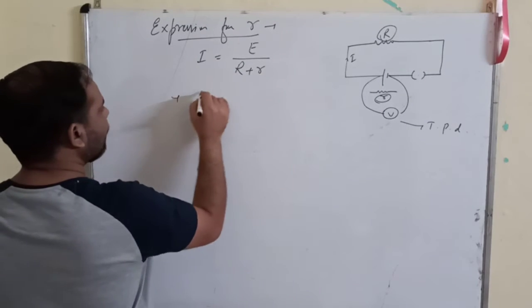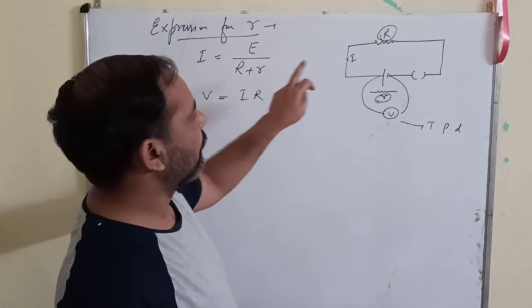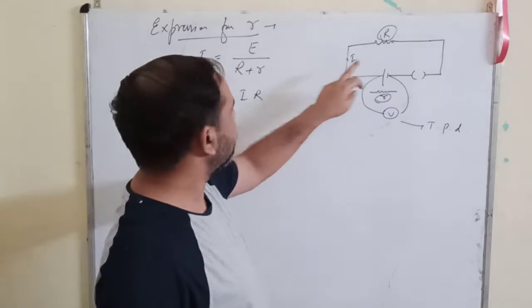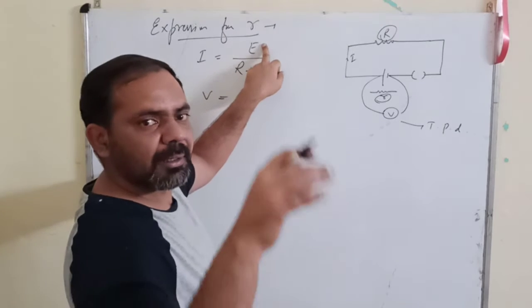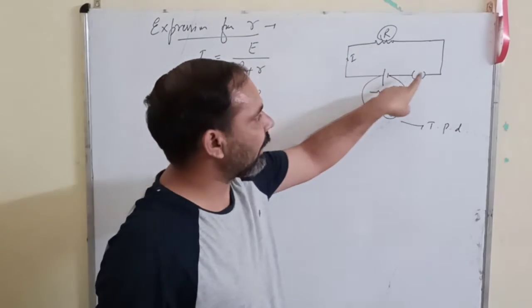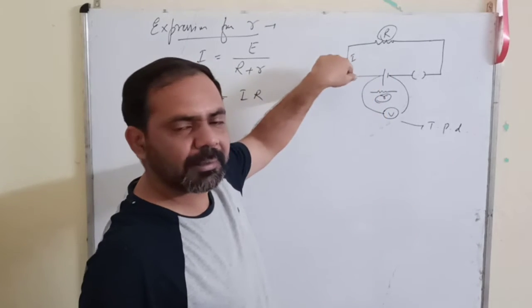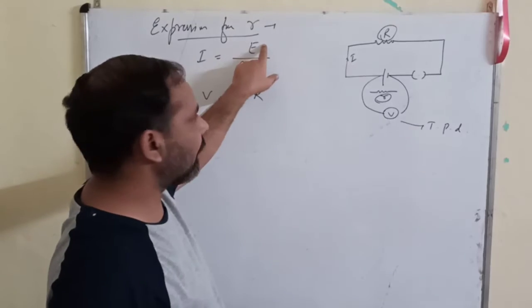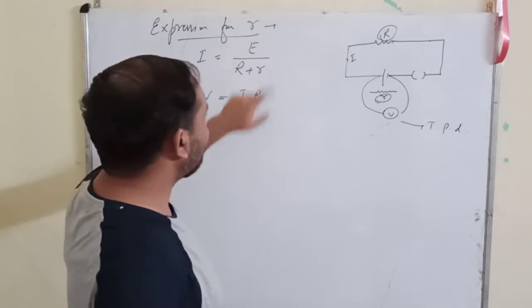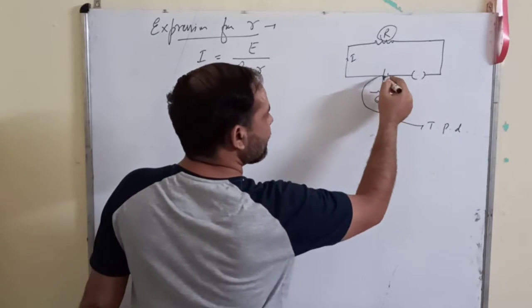Now we have the formula V equals IR. EMF is the total work done in taking the charge from positive to negative inside the circuit and from negative to positive inside the cell. So if you are writing EMF, you have to consider both parts, the external circuit as well as the internal circuit.